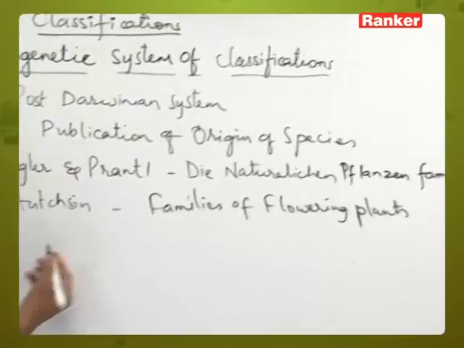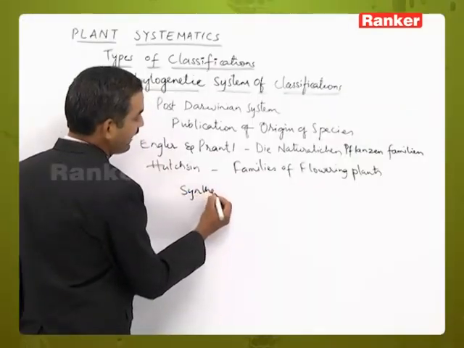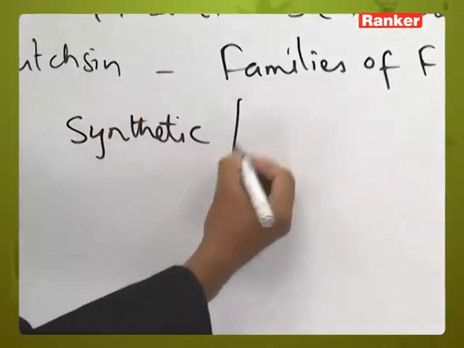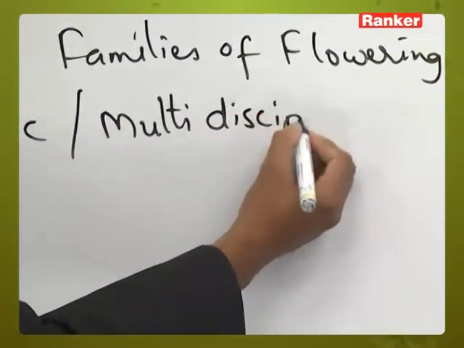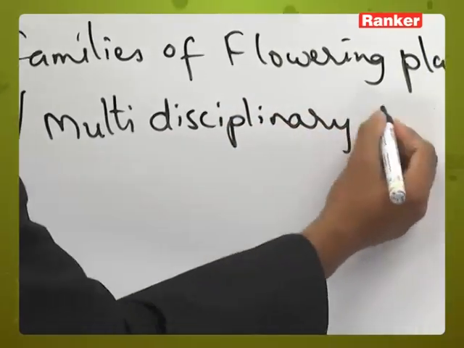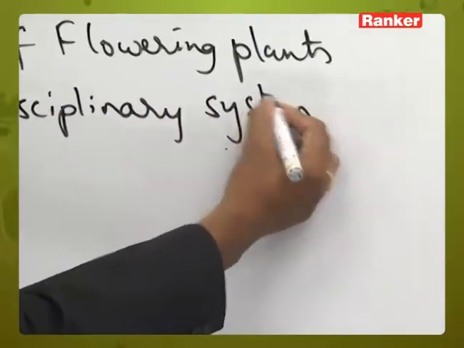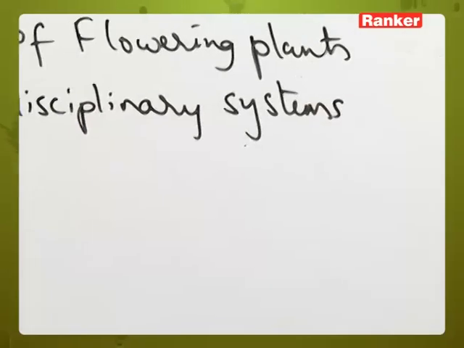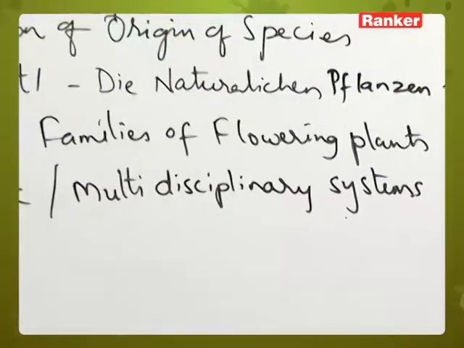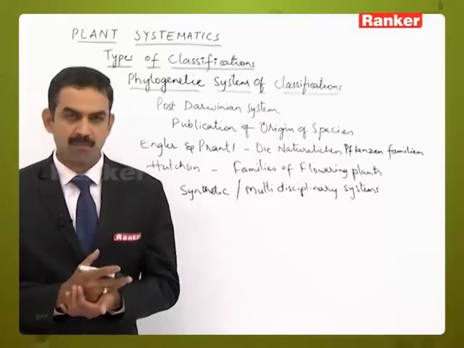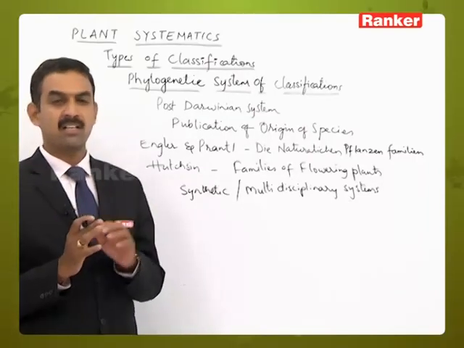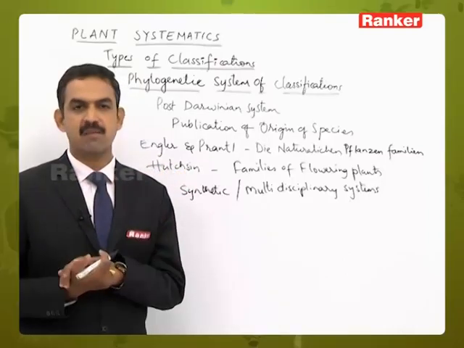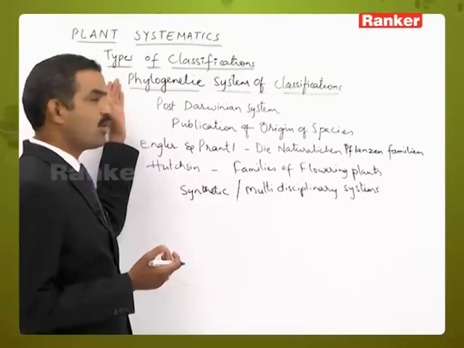Apart from this, we have synthetic systems, or multidisciplinary systems of classification. What do these multidisciplinary systems of classification mean? As I already said, phylogeny and evolutionary changes have been considered important, and genetical aspects have been considered for classification in the phylogenetic system.